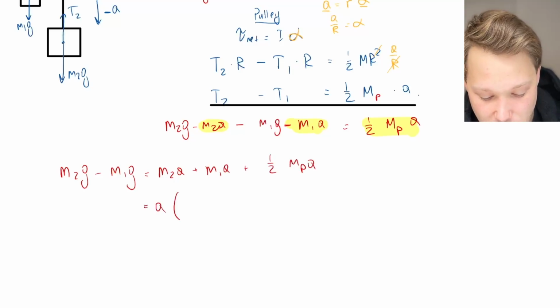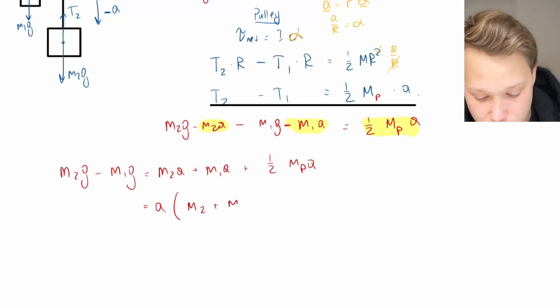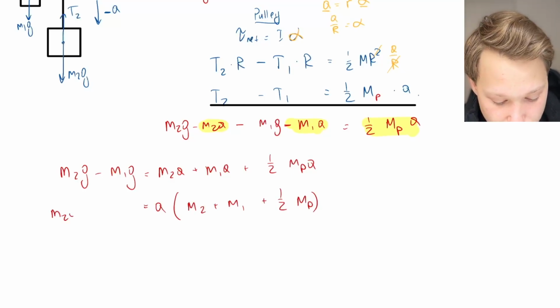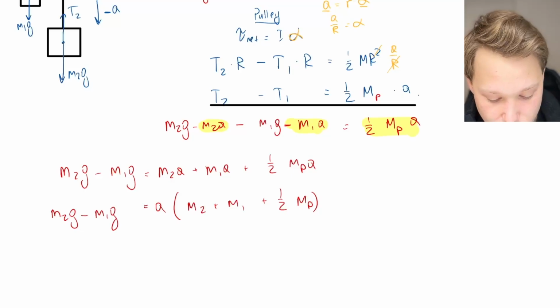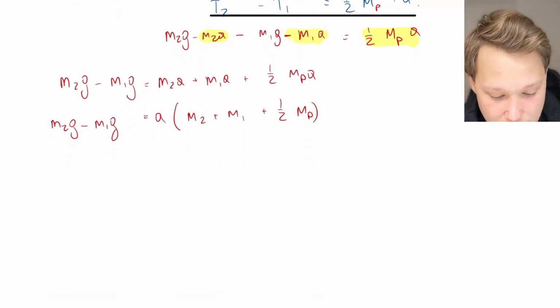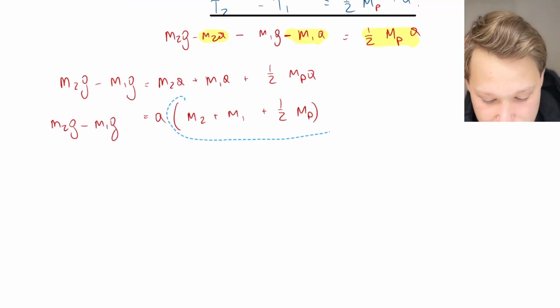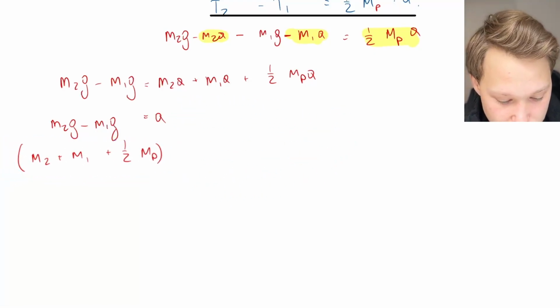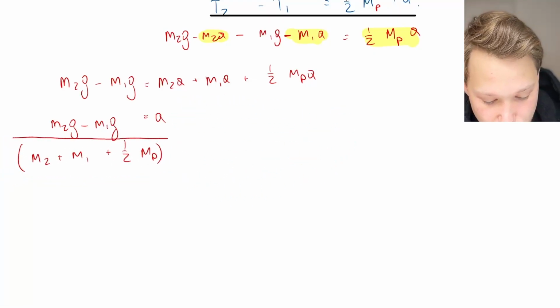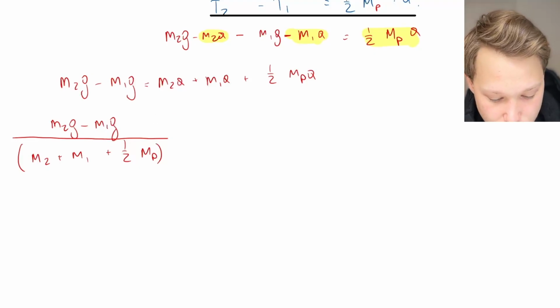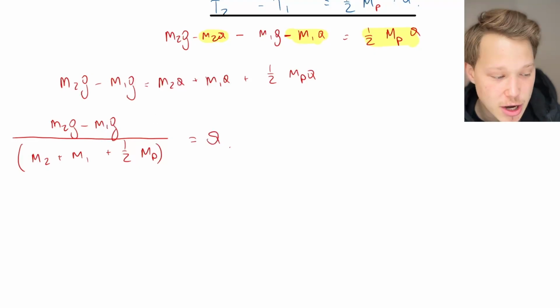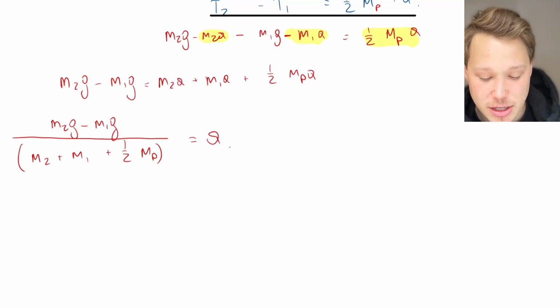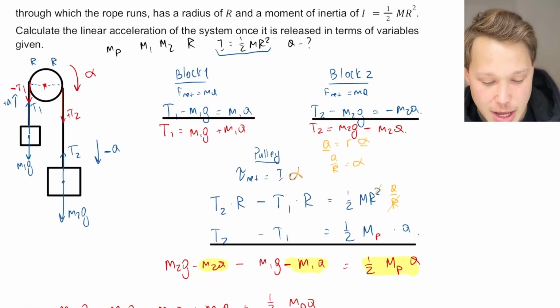I can factor out acceleration and divide by this big parenthesis on both sides essentially to get my final equation for acceleration. And just like this, we get our final equation for acceleration of this system in terms of the variables given.